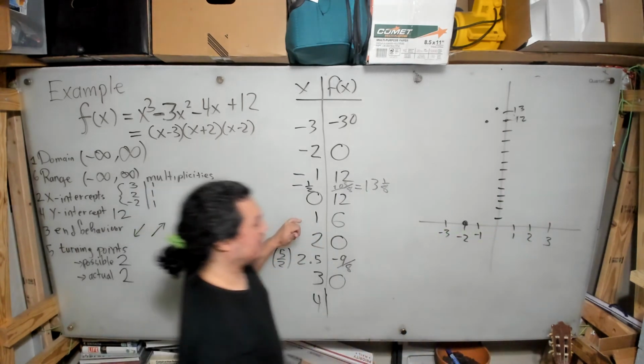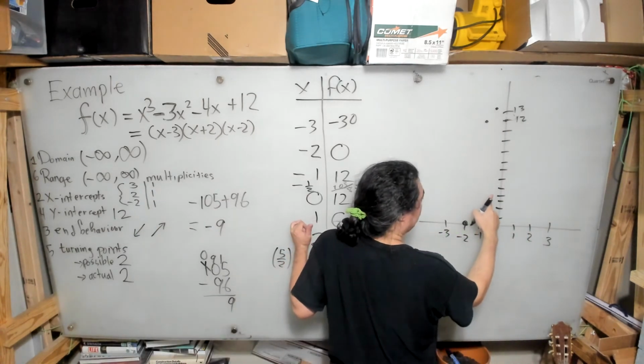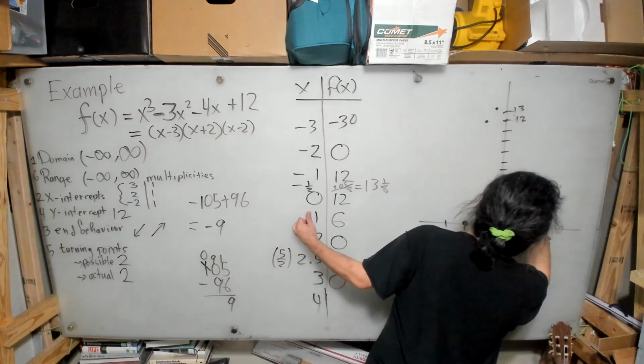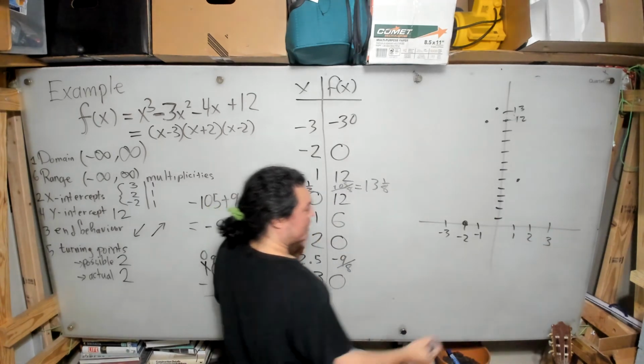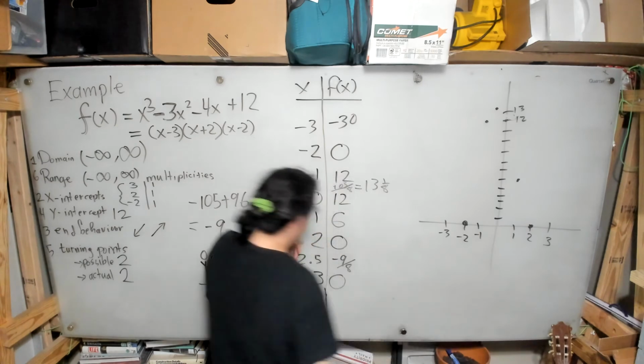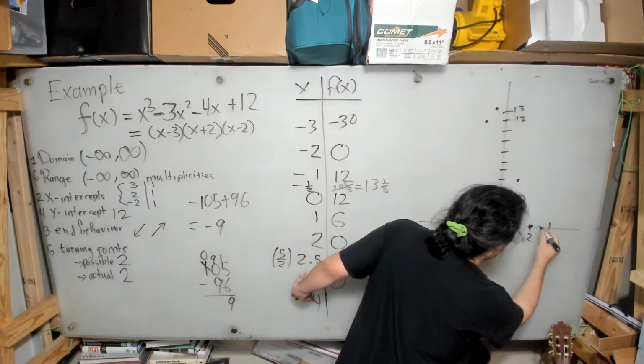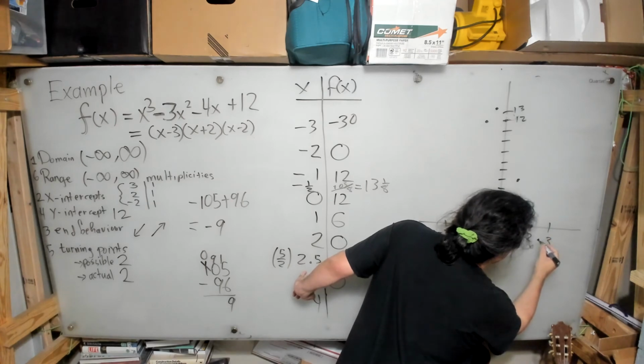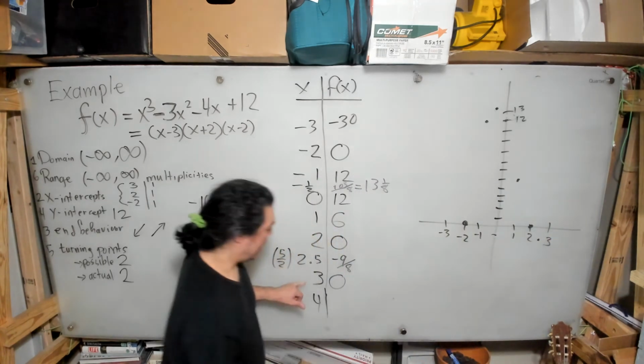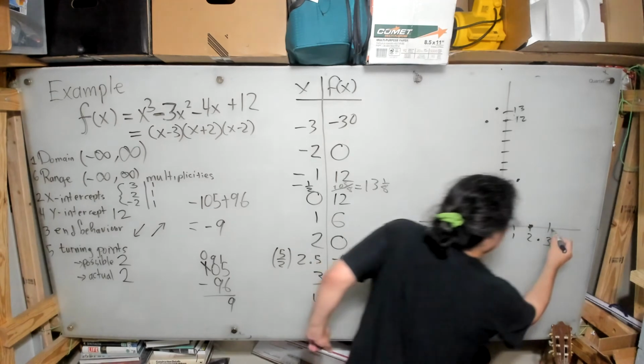At 1, it's 6. 1, 2, 3, 4, 5, 6. So about right there. At 2, it's again 0. At 2.5, it's -9/8. So it's just under 1, right? So like maybe right here. At 3, y value is 0, like this.